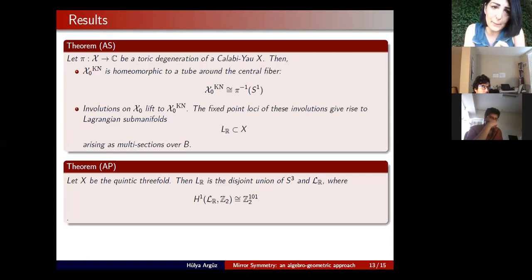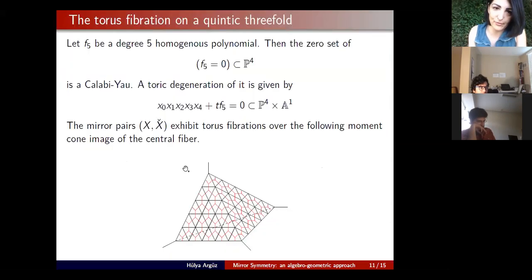But the thing is, there is another construction which doesn't use Kato-Nakayama spaces, which is due to Mark Gross. He constructs torus fibrations on Calabi Yau manifolds starting from this B. And these two constructions are expected to agree, and there's no proof yet of it.